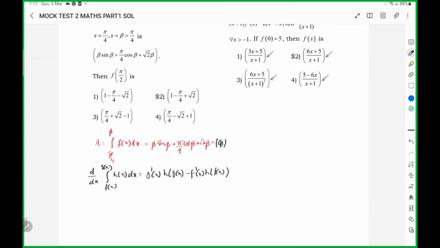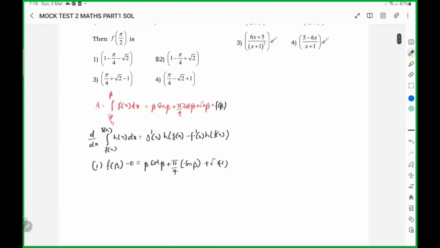If you differentiate this, beta is the upper limit, f of 1 into f of beta, and the constant's derivative is 0. So beta cos beta plus pi by 4 minus sin beta plus root 2 into 1. So f of beta is beta cos beta minus pi by 4 sin beta plus root 2.